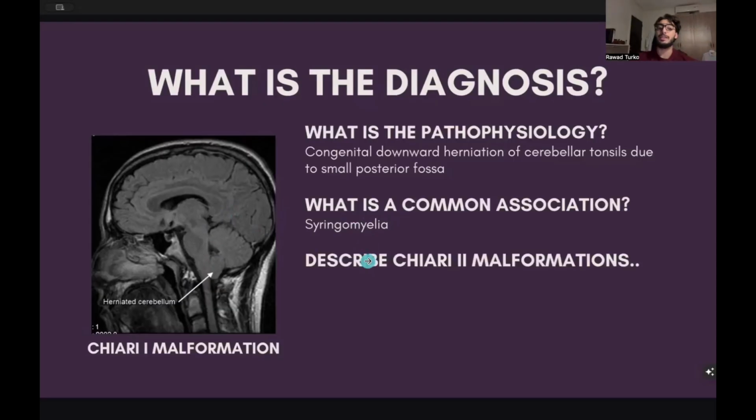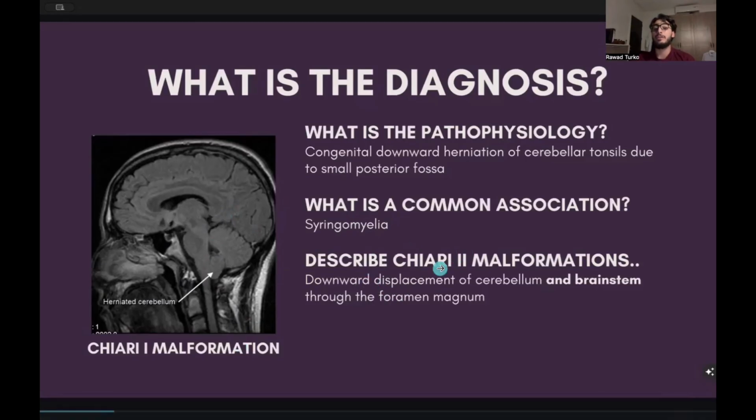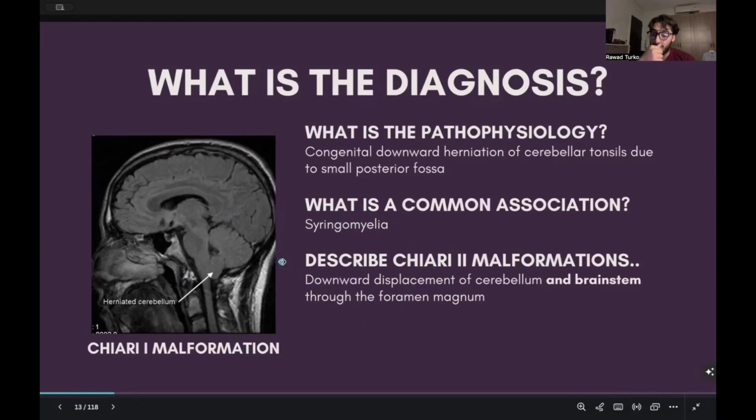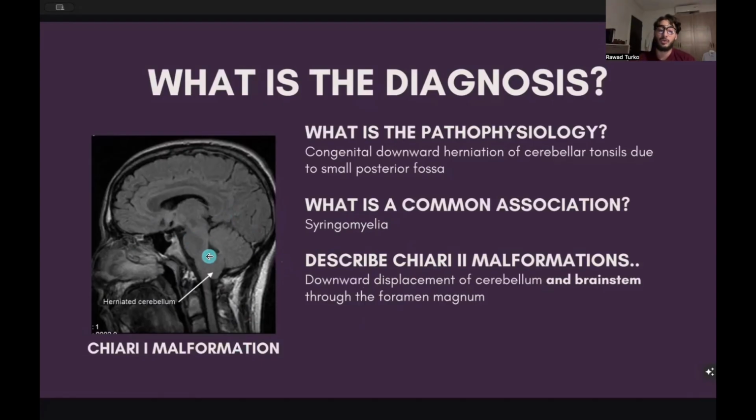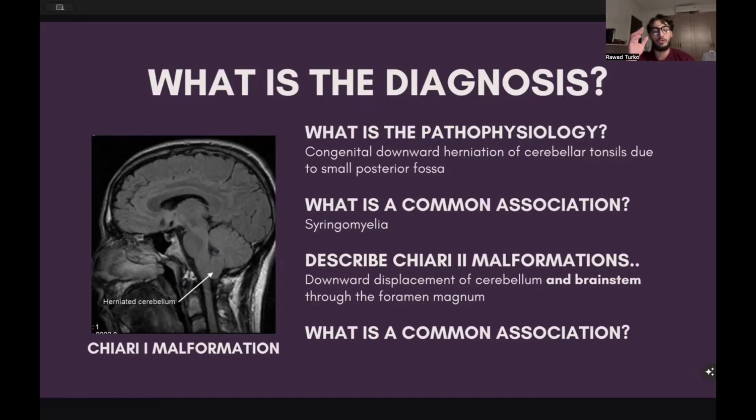Now, what's the difference between Chiari-1 malformation and Chiari-2 malformations? Downward displacement of the cerebellum and the brainstem through the foramen magnum. Okay, so in Chiari-2 malformations, parts of the brainstem as well are going to herniate down the foramen magnum. So it's a lot more dangerous actually, Chiari-2 malformations because of this displacement. And what's a common association? There's actually two common associations that you should know for Chiari-2 malformations.